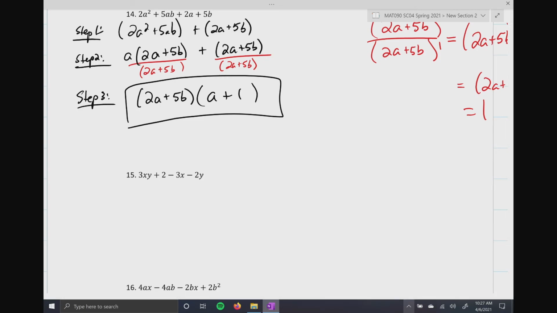So let's try this. All I did is I took the plus 2 and the minus 3x and I just switched them. That's it. It's like me writing in cursive versus print. I just wrote it a different way.